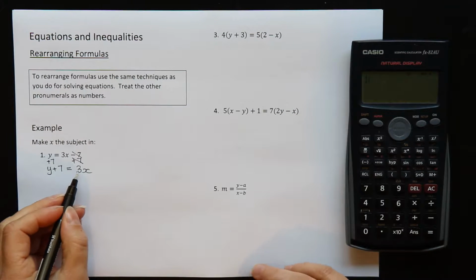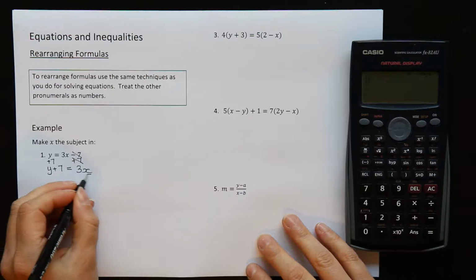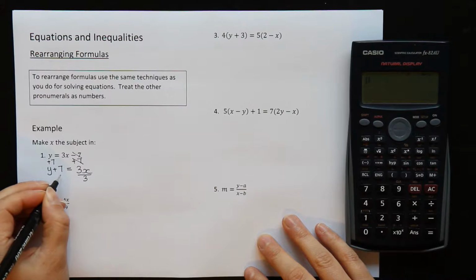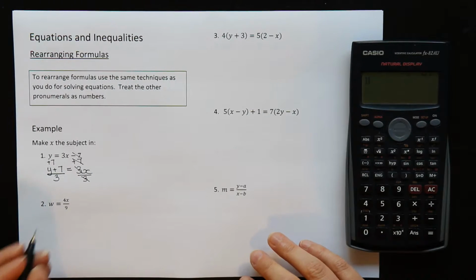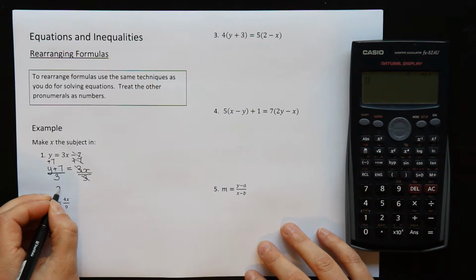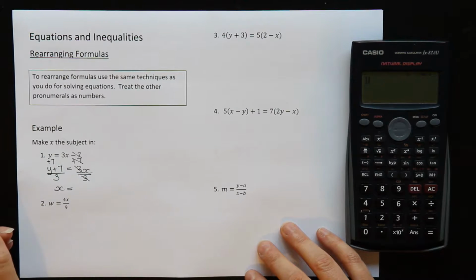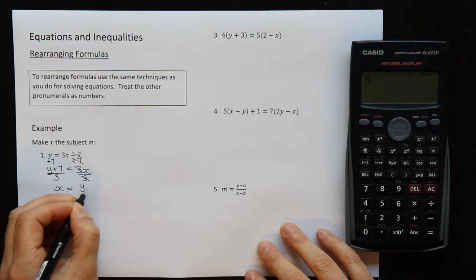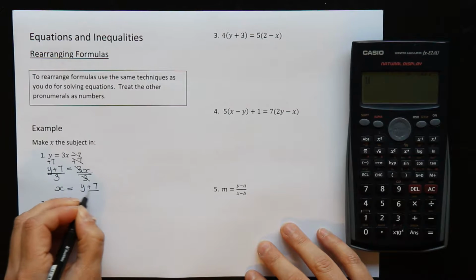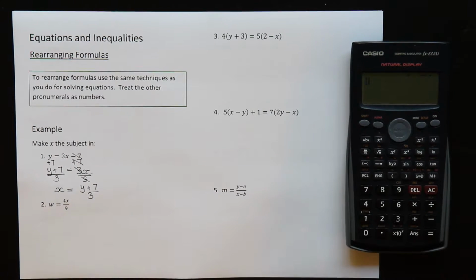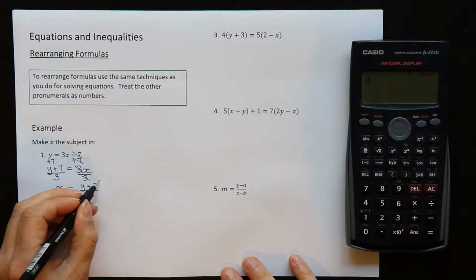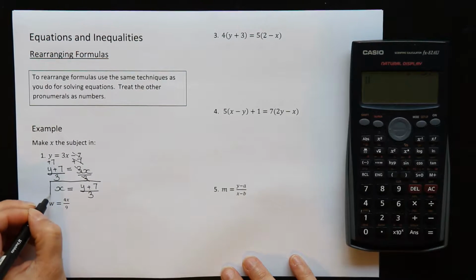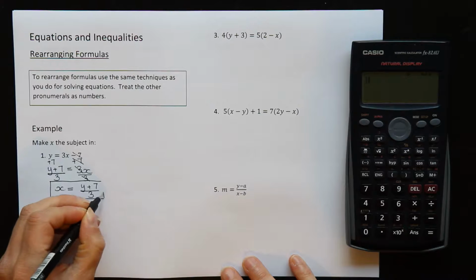Then, to get rid of the 3, we would divide by 3, which means we divide this one by 3. Now you can't actually divide anything in that expression there, so that is your answer, y plus 7 over 3. So I've just rewritten that with the x on the left-hand side. So that is the formula rearranged so that x is the subject of that equation.